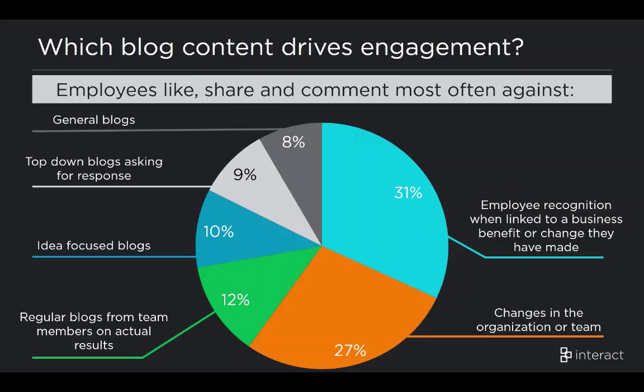That's the type of thing that really encourages people to provide that feedback, offer their congratulations, share that with other team members. And think about it, it makes sense. This is something that's a really big deal to the organization. And oftentimes those successes are locked away in those departmental meetings or in an email congratulations. Bringing that type of commentary public and allowing people to comment against it really is the type of thing that breaks down those barriers and makes sure that engagement is shared across the business. Very, very interesting topic.